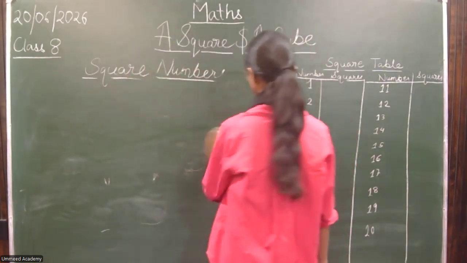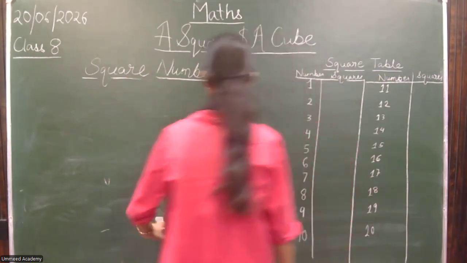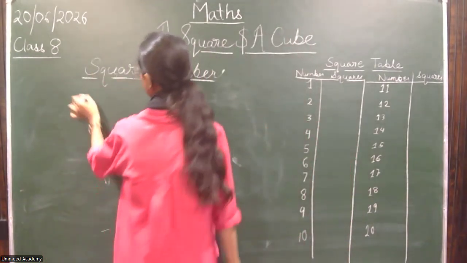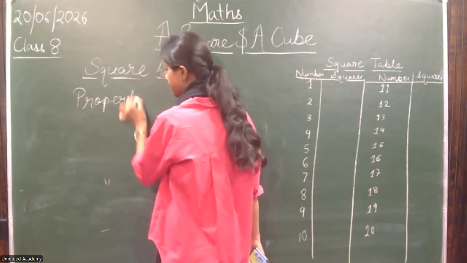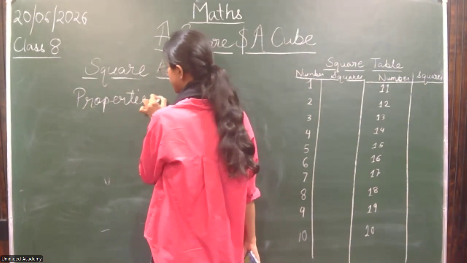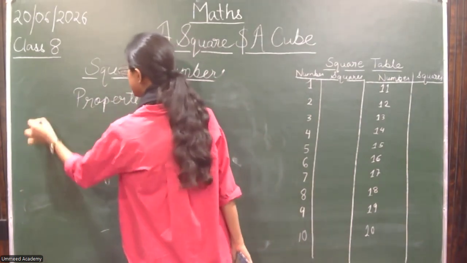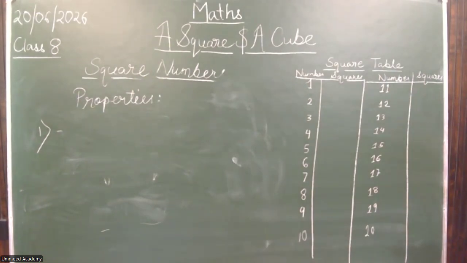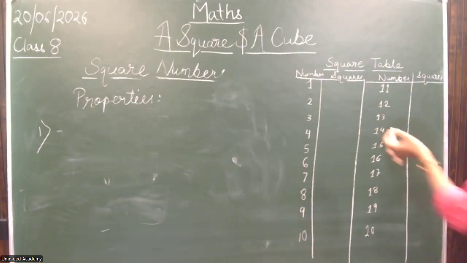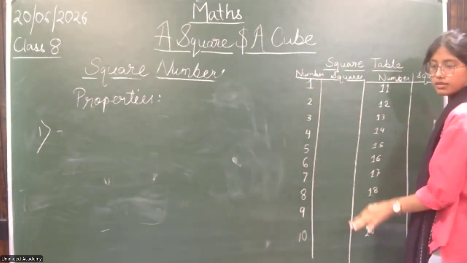Properties on square numbers. I have made this table, and this is very interesting. So the first property is that, let's fill this table first.